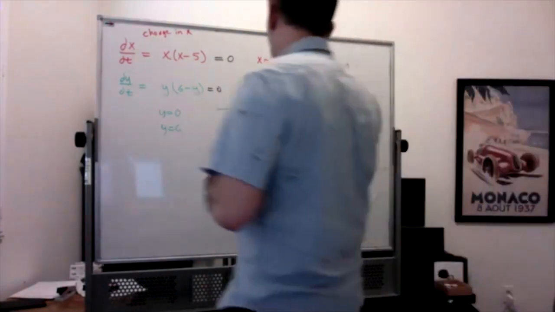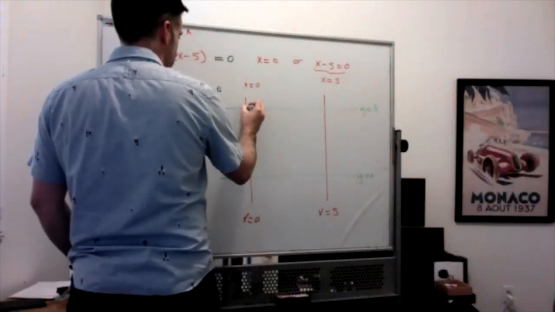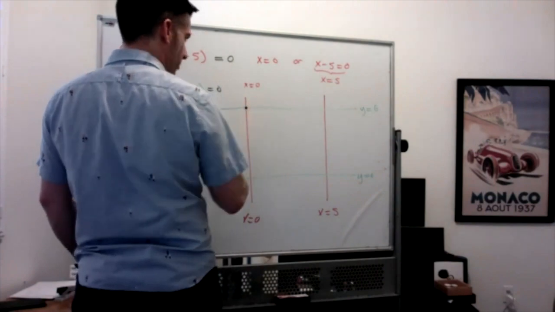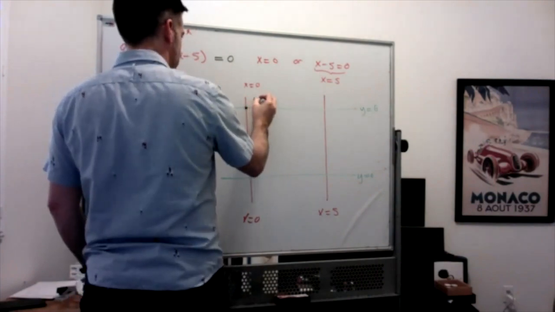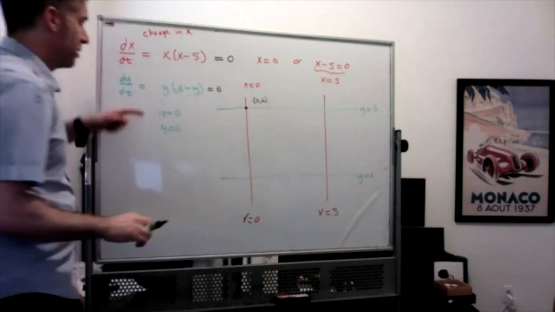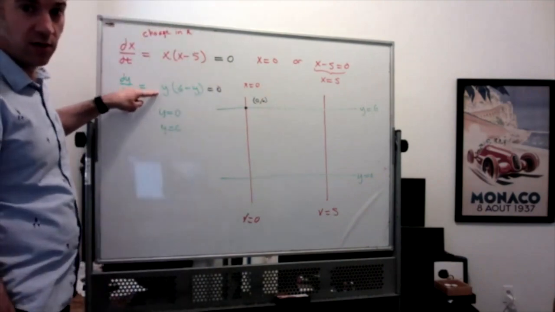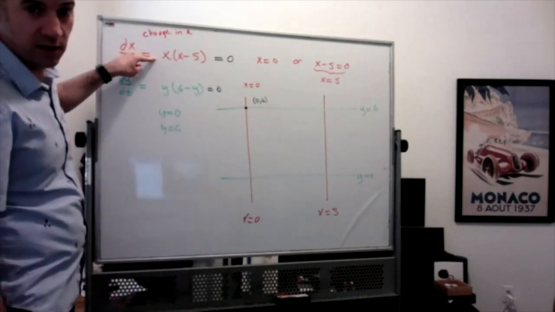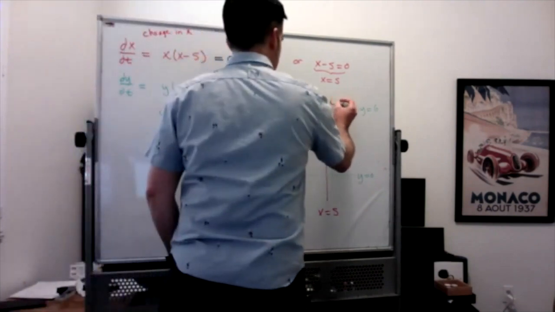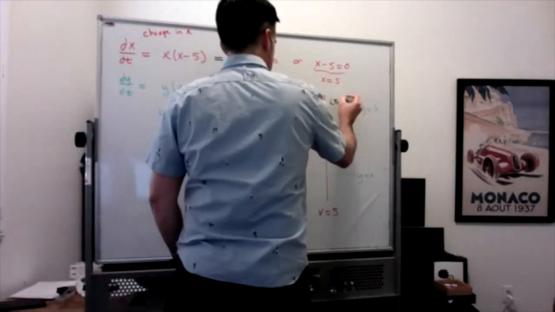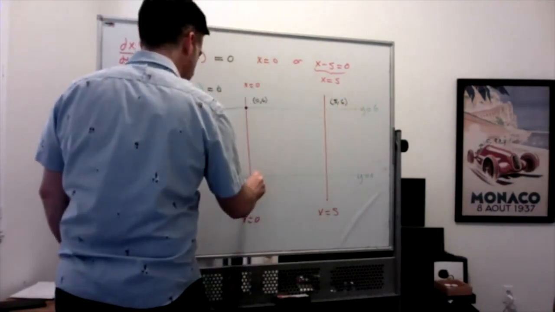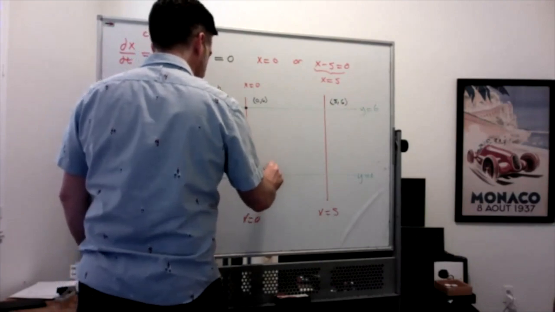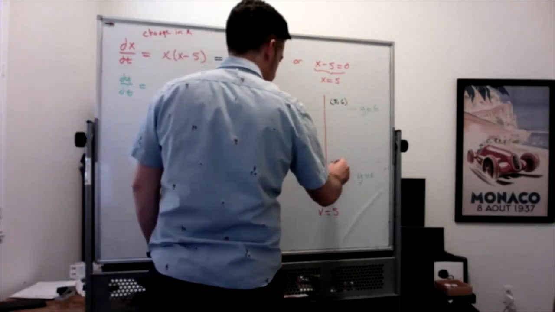So here's an equilibrium at (0, 6), right? Because dy/dt is equal to 0 when y is 6, and dx/dt is equal to 0 when x is 0. Here's an equilibrium at (5, 6). Here's an equilibrium at (0, 0). And here's an equilibrium at (5, 0).